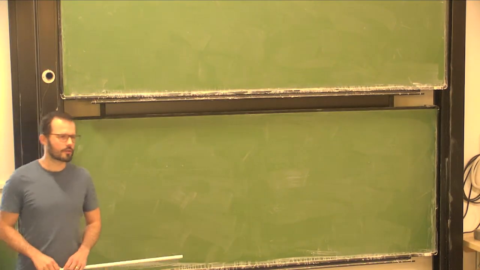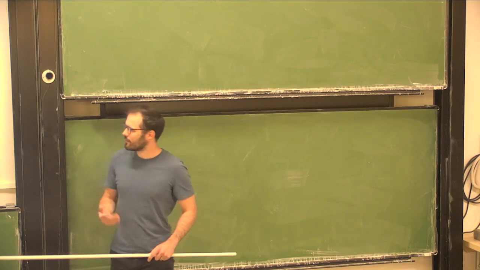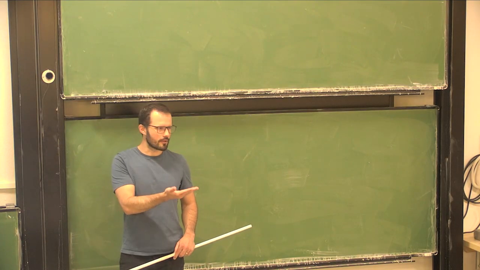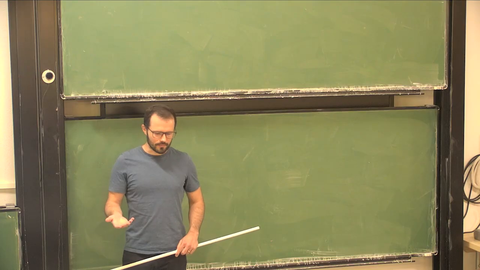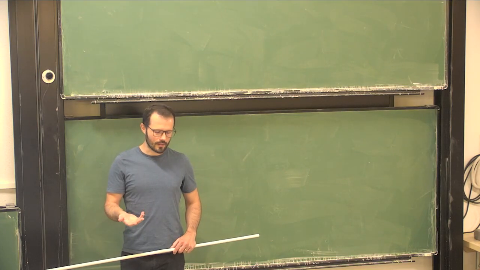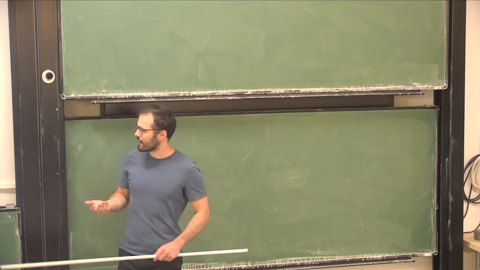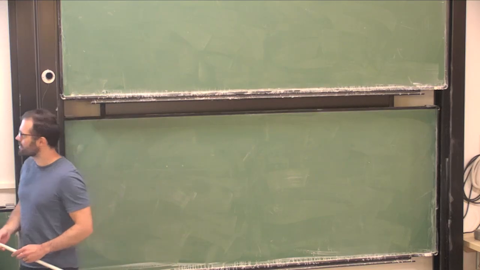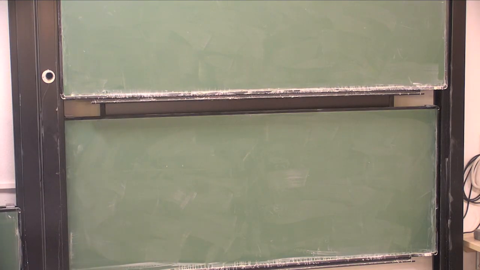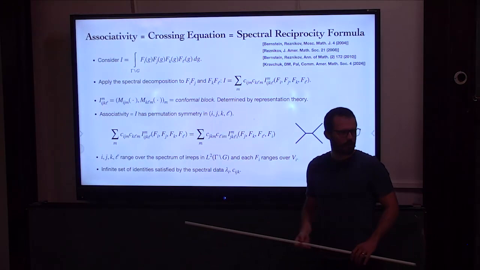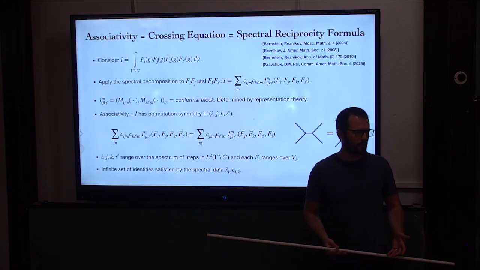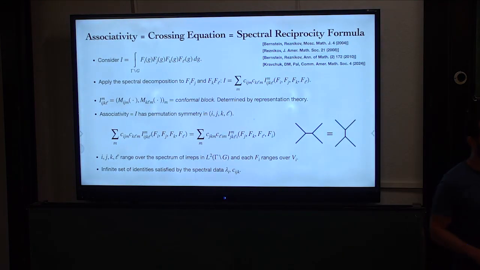Unless there are further questions. Maybe as an answer to your question, it's true that the two tensor products are isomorphic, but that doesn't imply that the conformal blocks are independent of i, j, k, and l. On the other hand, there is also the problem of how to normalize these intertwiners.